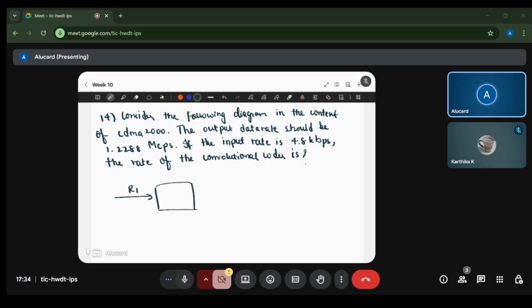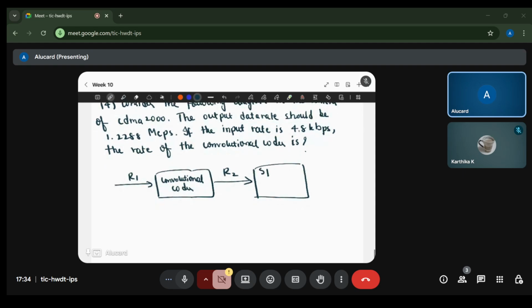So you have the input, and you have the convolutional coder, you have spreading with q equals 64, and you have the output.